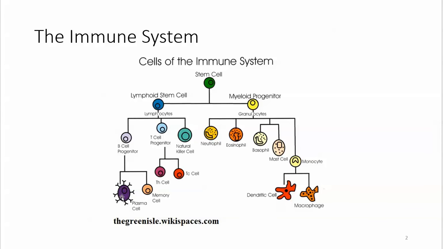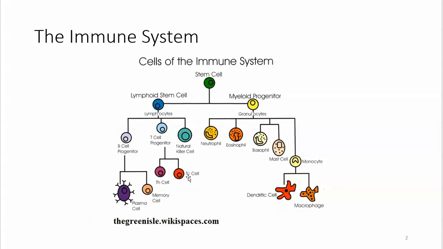Okay. Now, your T cell progenitor cells, you have T helper and T cytotoxic cells. Right? The T helper cells, they are CD4 positive, and they stimulate the B lymphocytes.